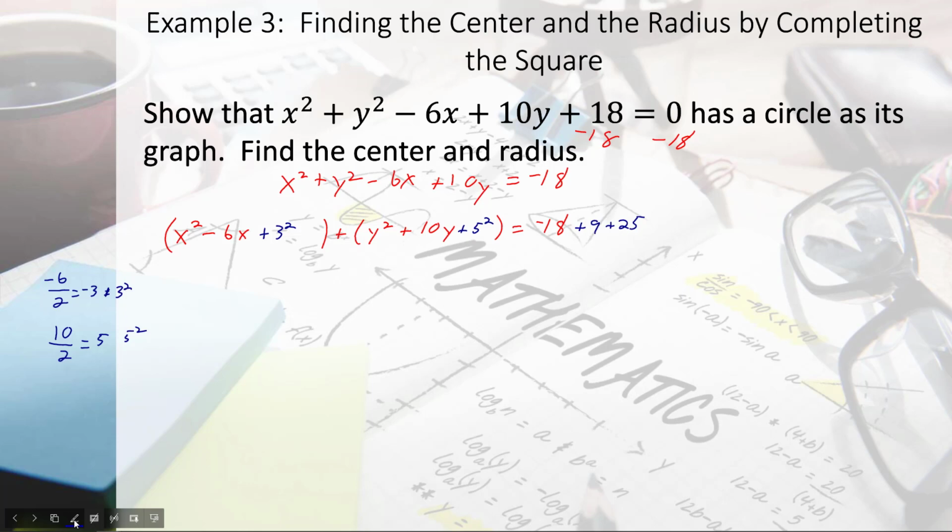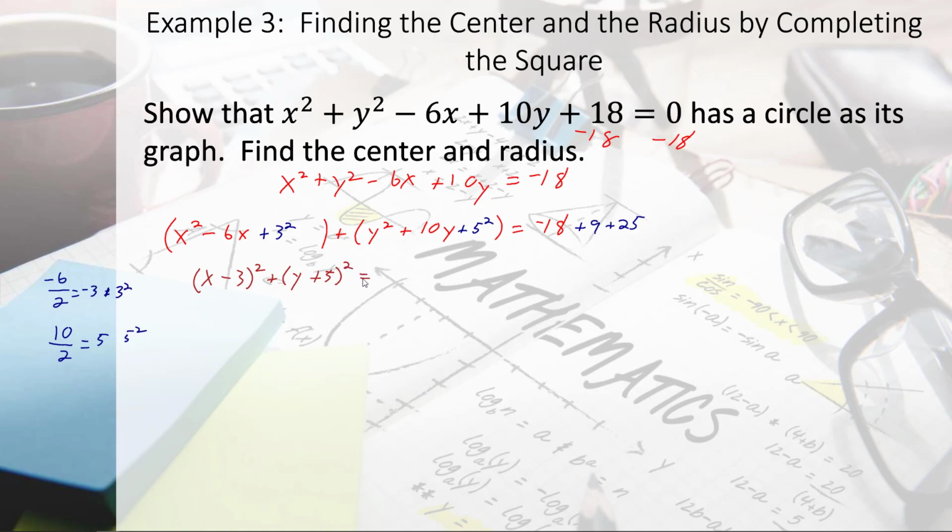I can now write them in their perfect square form, and that would be x minus 3, the entire thing squared, plus y plus 5, the entire thing squared.